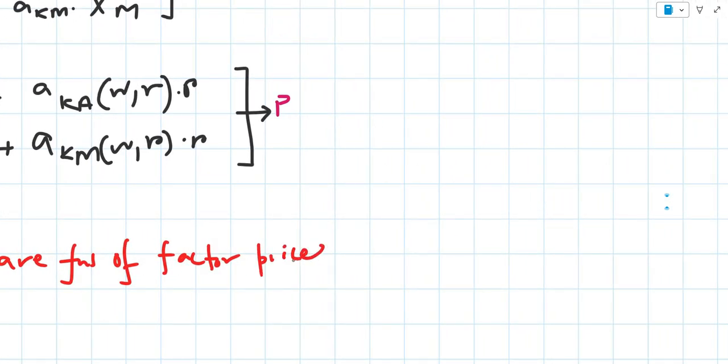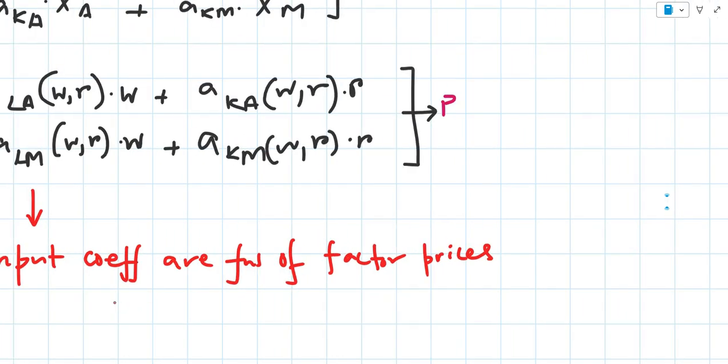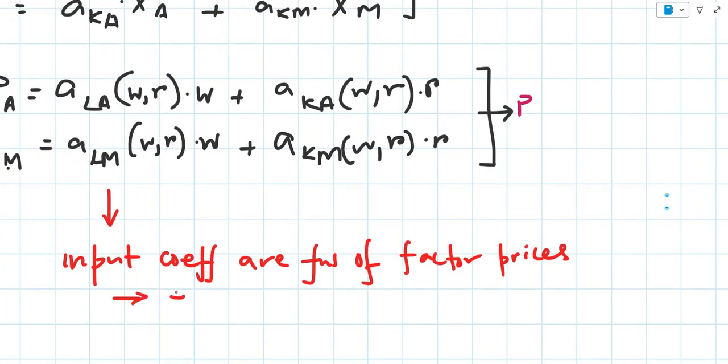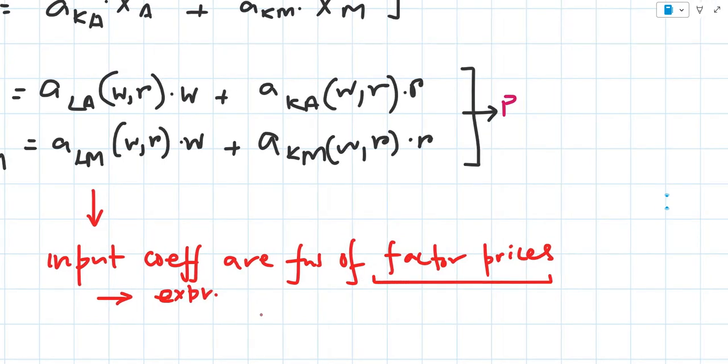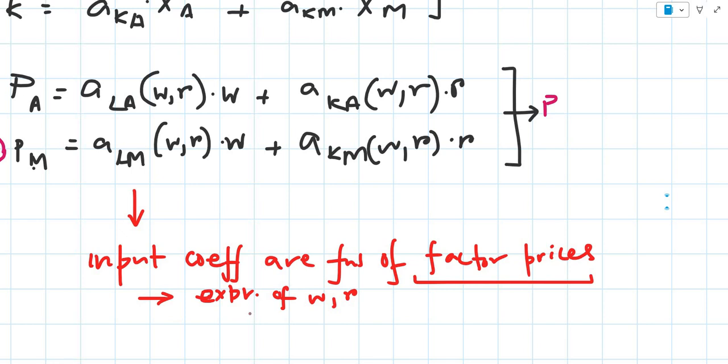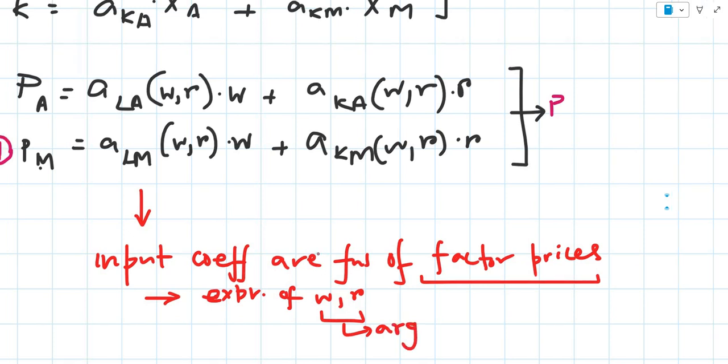So what does it mean that they are functions of factor prices? It means that they are an expression that contains only the factor prices. Expressions consisting of W and R. So these two are basically expressions consisting of W and R, which are basically the arguments of these two functions.